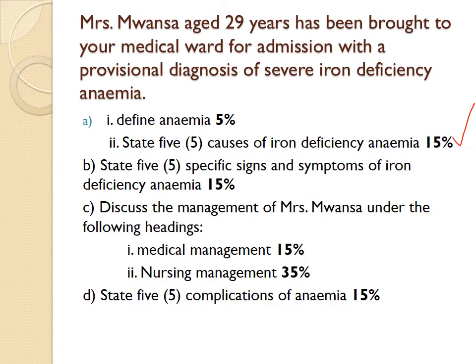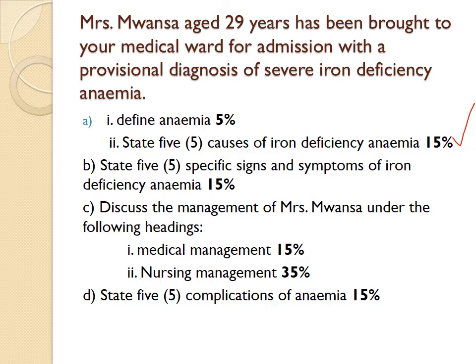Then A2 says state 5 causes of iron deficiency anemia. So 5 causes are needed.